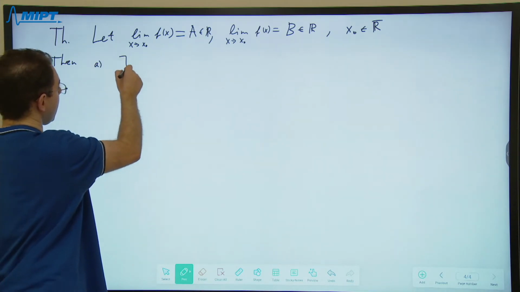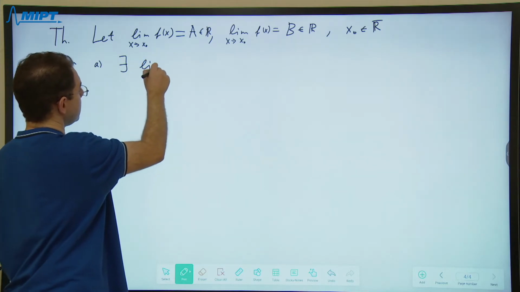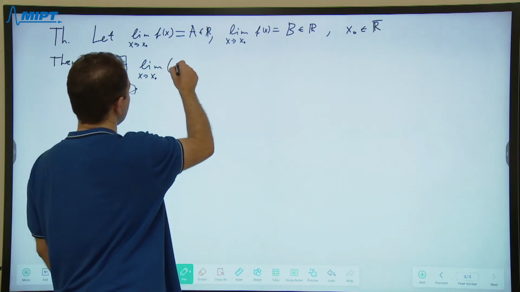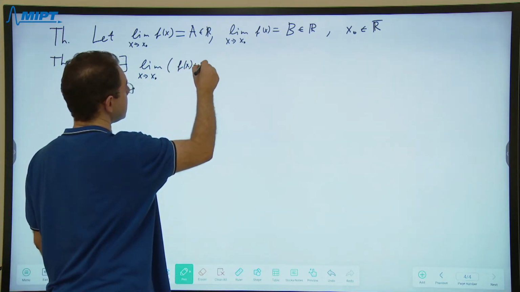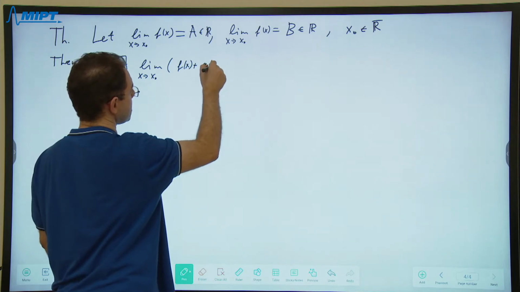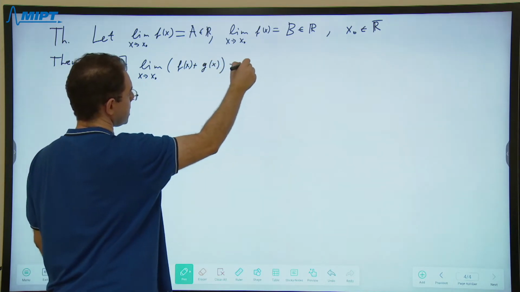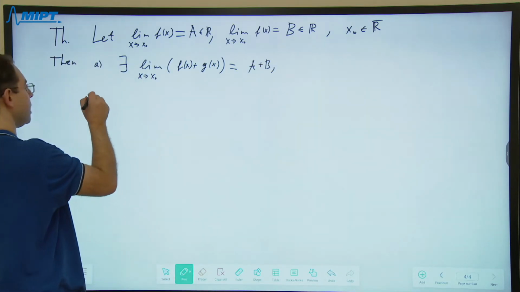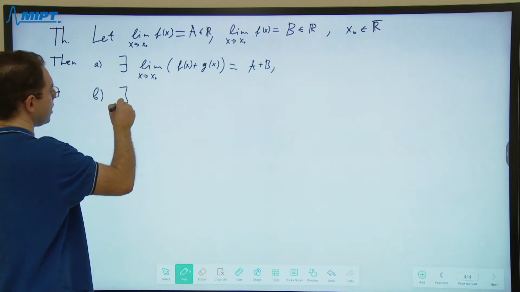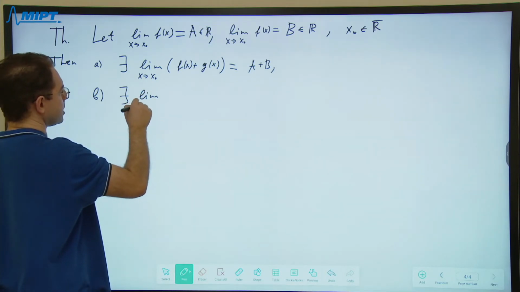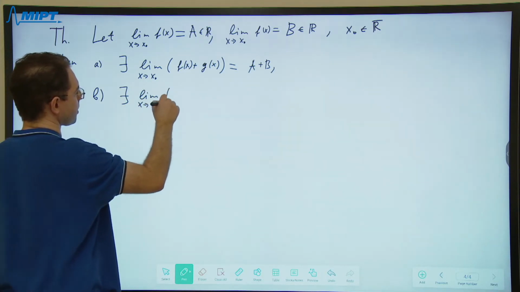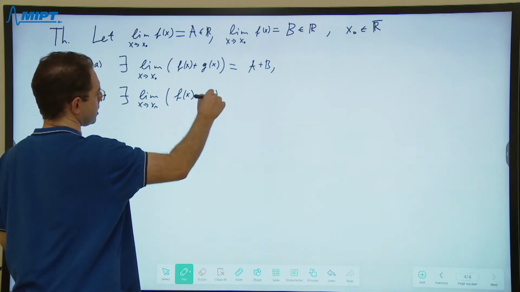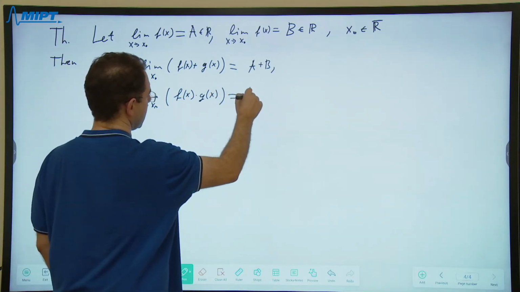There exists a limit as x tends to x0 of f of x plus g of x, and this limit equals a plus b. There exists a limit as x tends to x0 of f of x times g of x, and this limit is a times b.